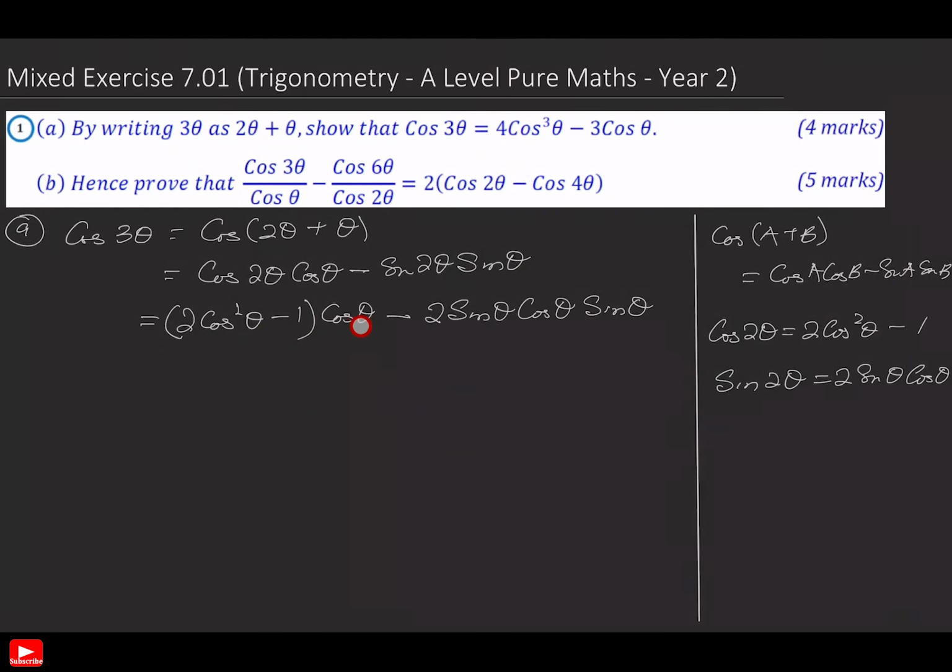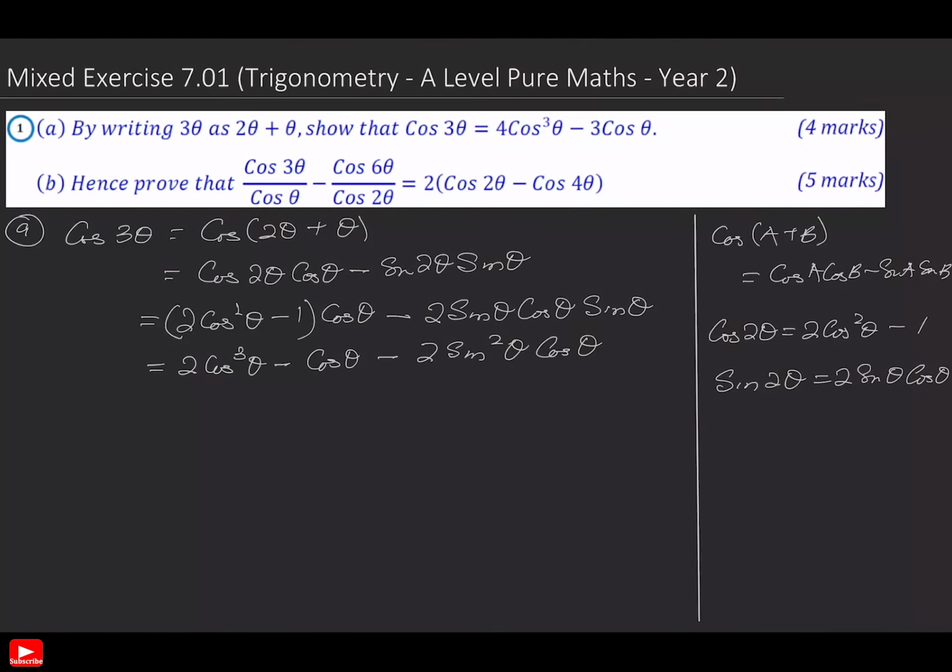I'm going to expand this one and simplify this term as follows. Cos theta times 2 cos squared theta will be 2 cos cube theta minus cos theta. Then if I simplify this, I'm going to get minus 2 sine squared theta cos theta.